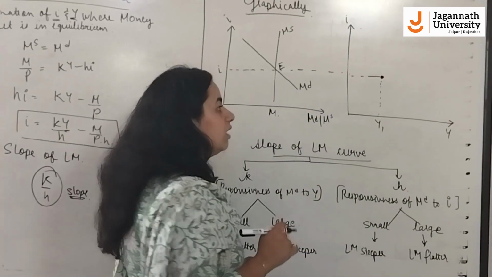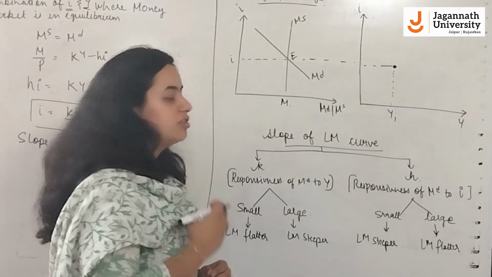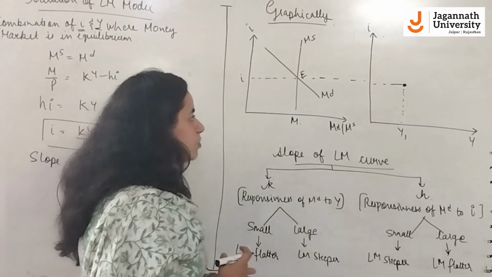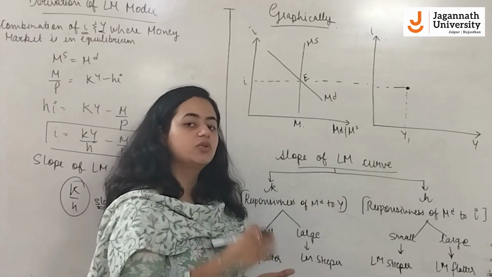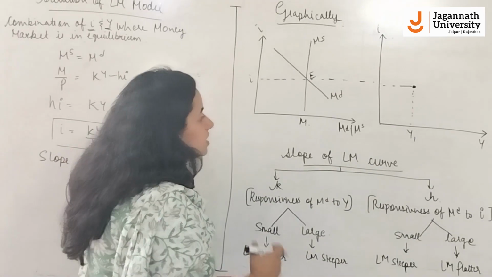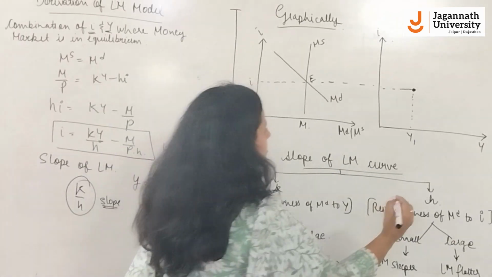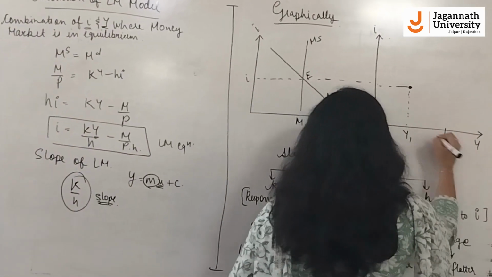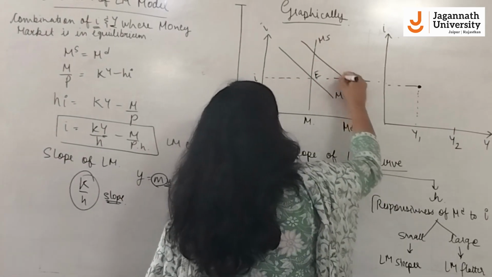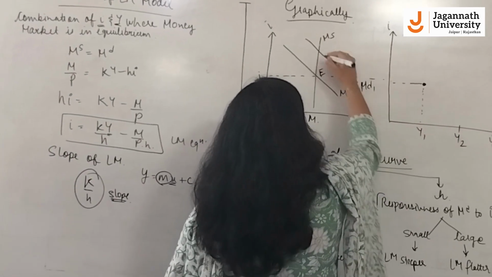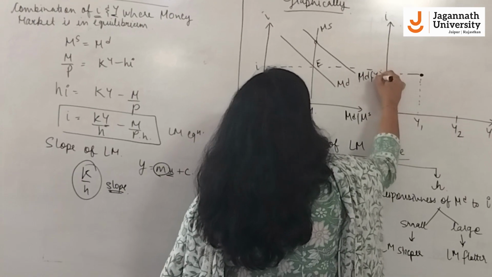Now let us suppose that money demand shifts upward. You remember we discussed case 1 where money demand shifts upward due to a change in income. So let us say that the income has increased to say Y2, and because of that money demand shifts upward to MD1 with this increased income.